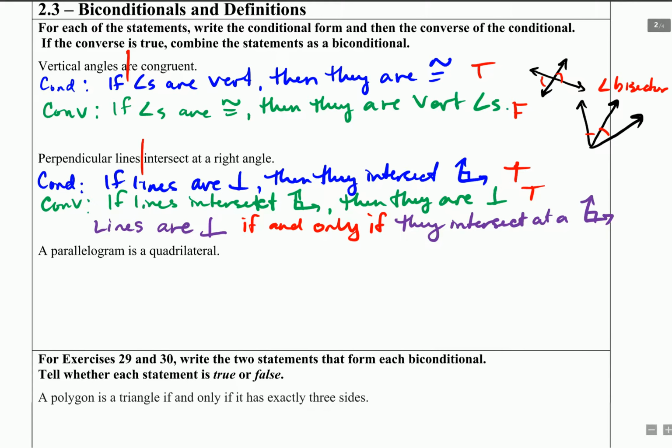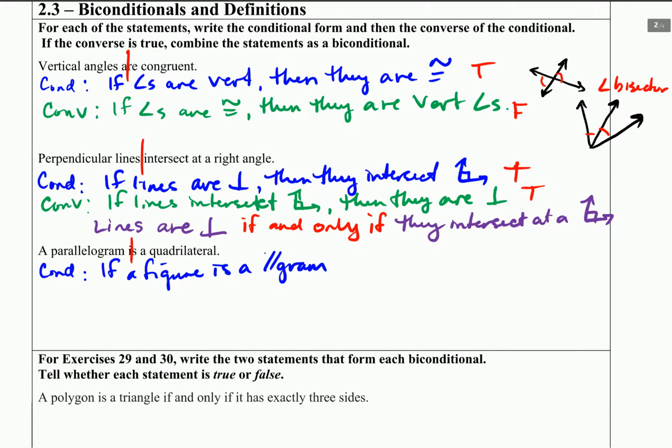All right, and the last one here, parallelogram is a quadrilateral. You should go, hey, we have seen this one a million times. Parallelogram and quadrilateral. Our conditional says if a figure is a parallelogram, those two lines mean parallel.